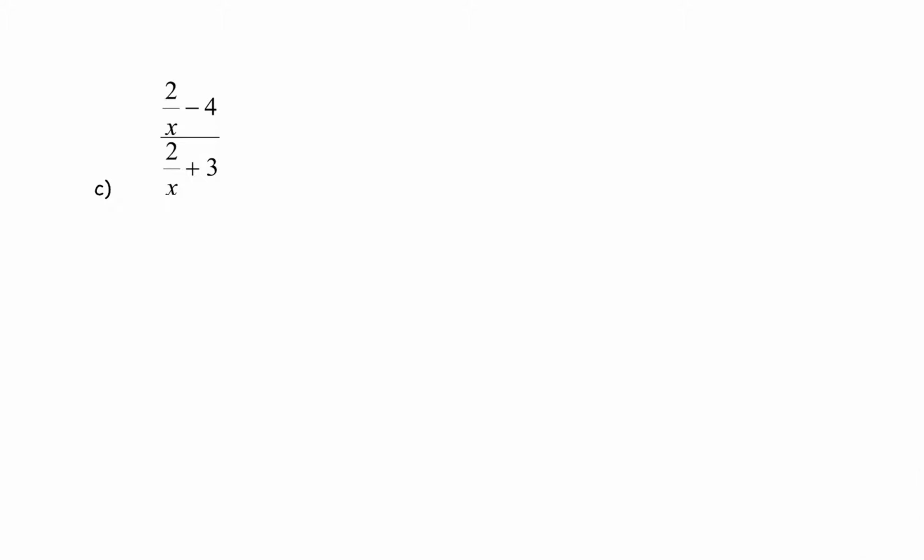Okay, looking for the LCM here. These are just over 1. So in reality, the LCM, least common multiple, is just x. So we're going to write these all as over x.